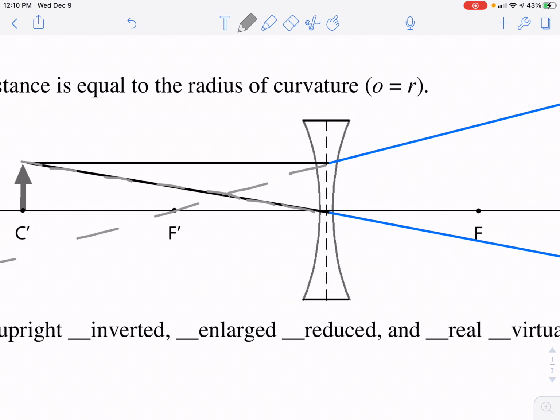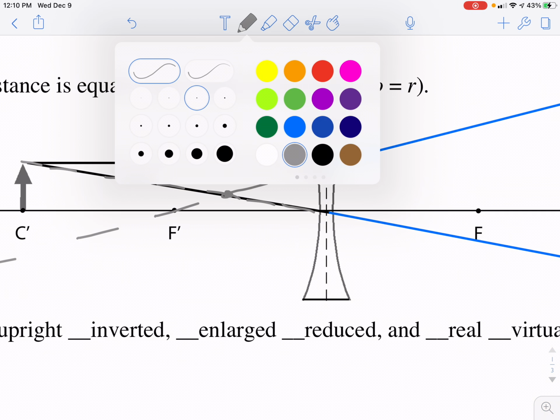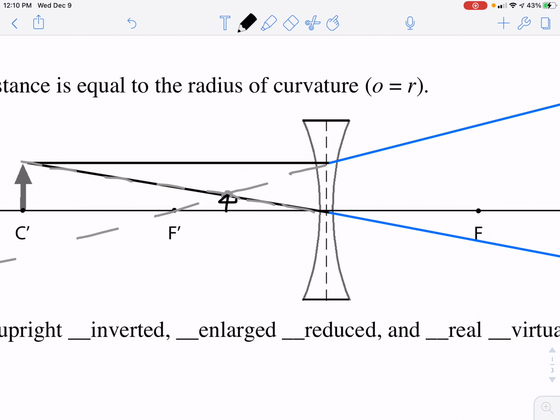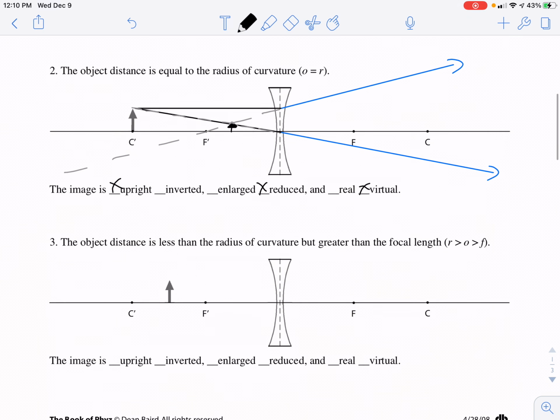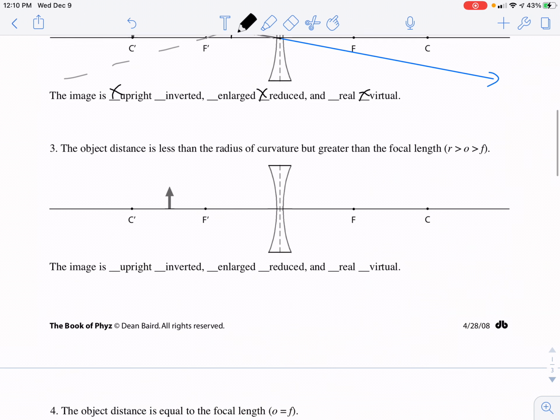And you can see the two gray back ray dashed line extensions are meeting right about there. Again, producing an upright, reduced virtual image. And so what we're going to do is move the object closer and closer, and let's see how these image characteristics will change.